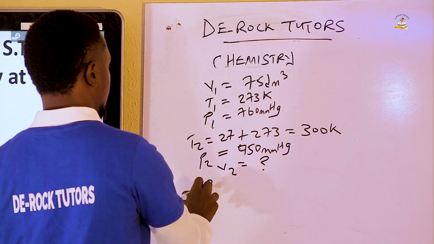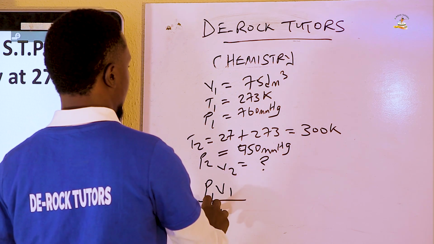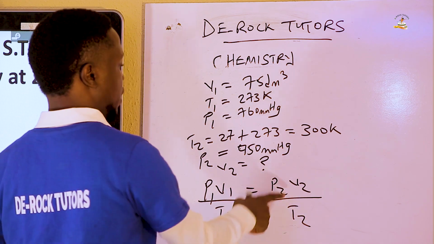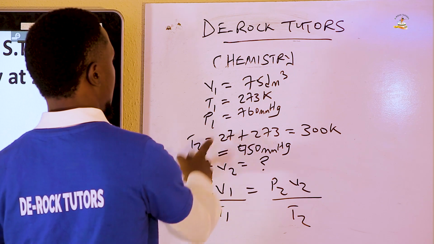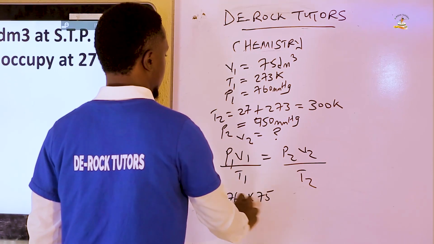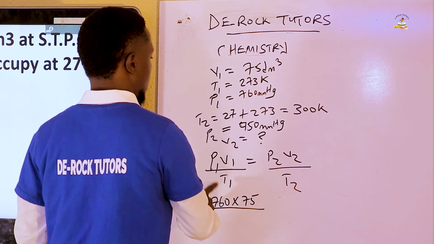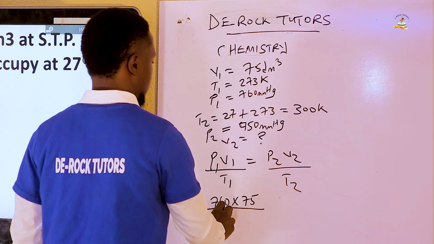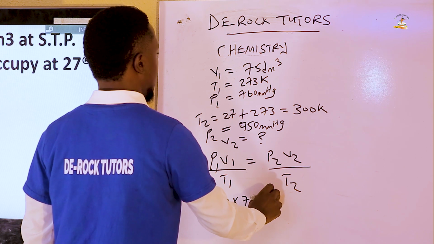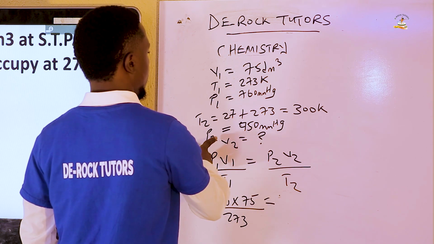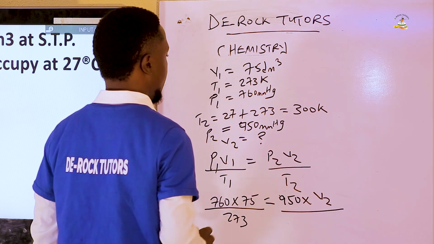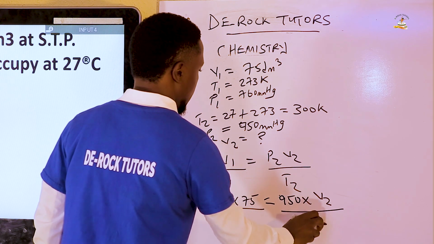So using P1 V1 over T1 equals P2 V2 over T2. So you are looking for V2. So our P1 is 760 times 75 divided by our initial temperature 273 equals our P2, from the question, 950 times V2 divided by our T2, which is 300.